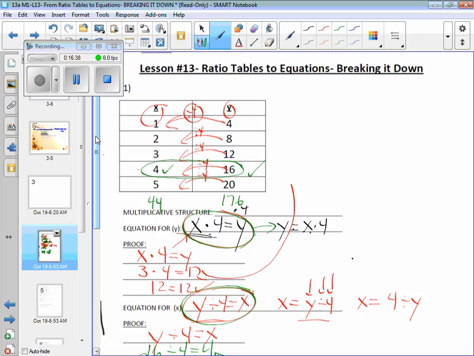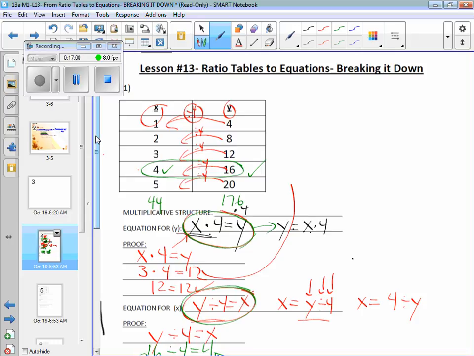The reason why I say, oh, why do we need this in math? Why is this important? Because if you know equations, and some of you will be like really good with equations, it's the easiest way to get equivalent ratios without having to do tape diagrams, without having to do a ratio table.